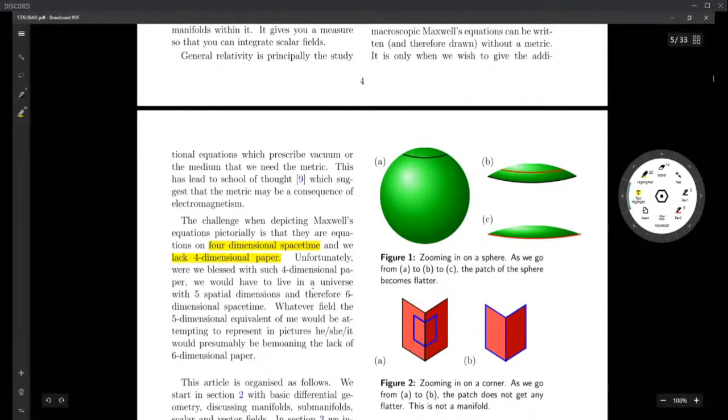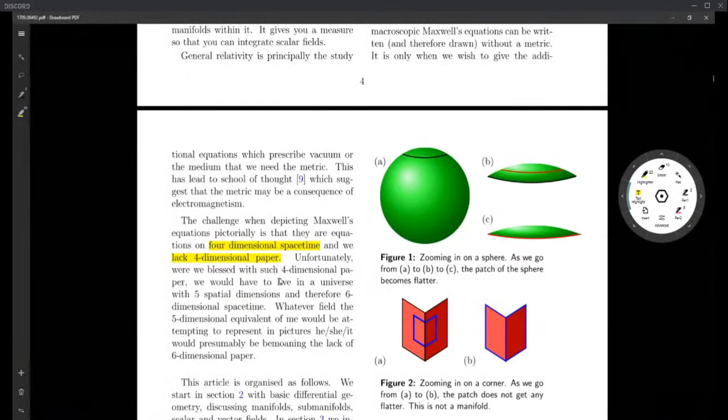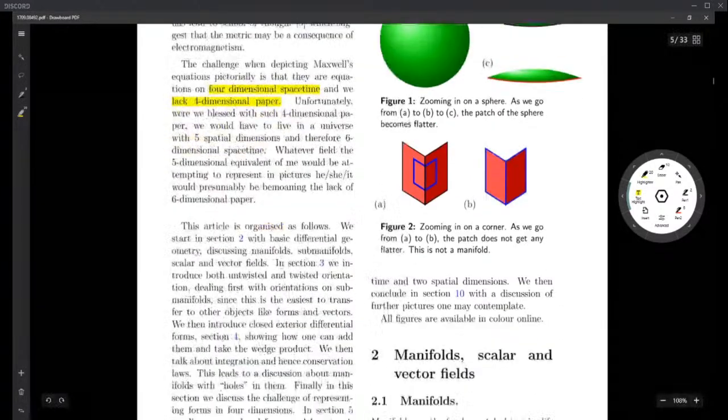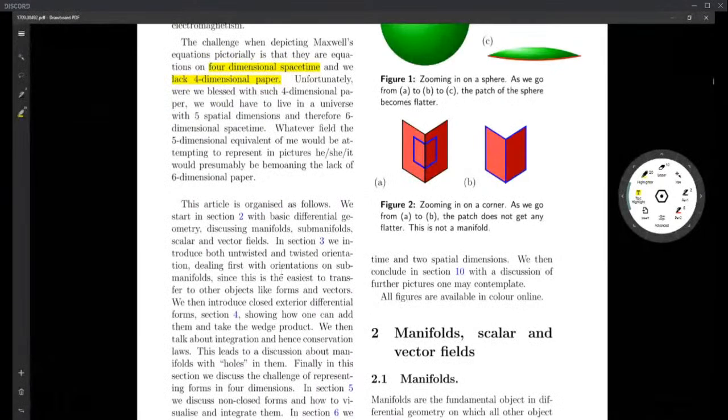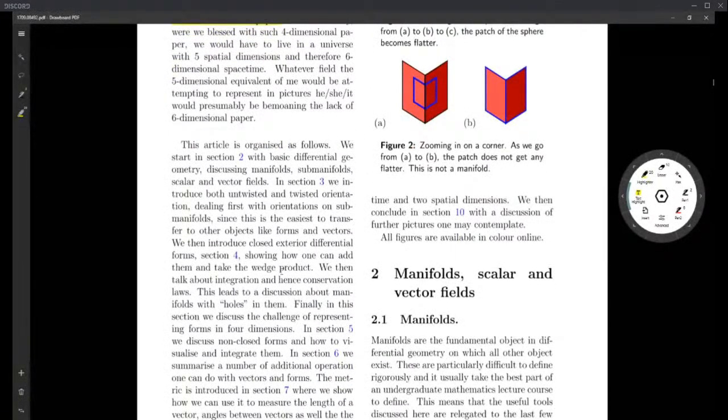But you get the picture. Even if we were blessed with four-dimensional paper, there would be five spatial dimensions, and therefore six-dimensional space-time. So you could keep going on, and there's always going to be a challenge with Maxwell equations. But like I said, we'll not go too much into the physics right now. Rather, we'll just be viewing the images and try to get the intuition we would need when we are handling the physics part of this.